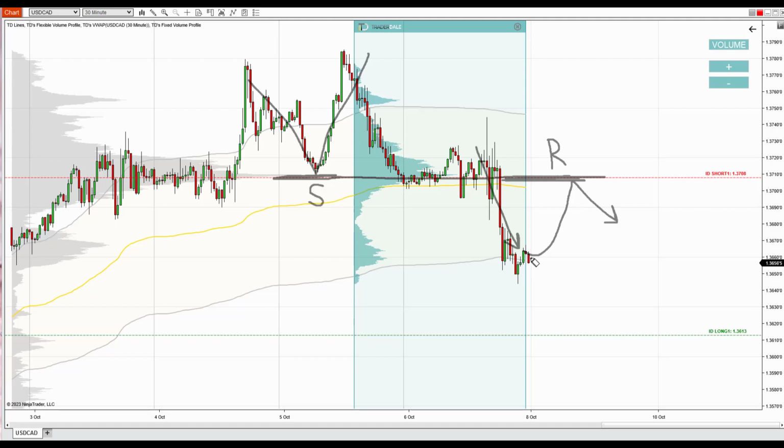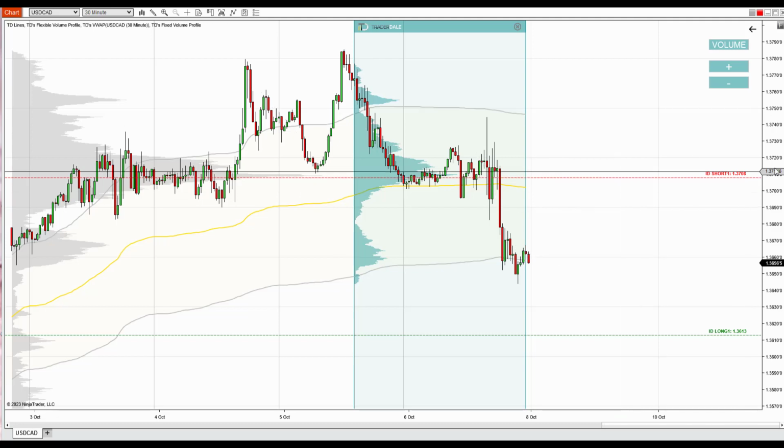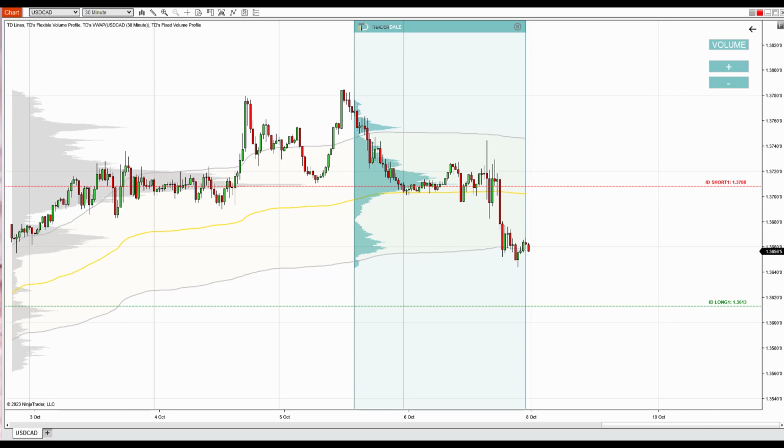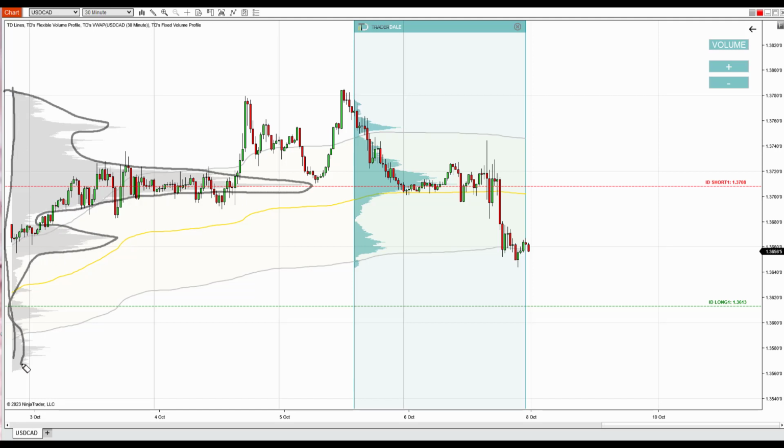Now, one more thing that adds strength to this level is if you look at the weekly volume profile here, it shows the volumes throughout the whole week. Then this is weekly point of control right here, which means that the heaviest volumes throughout the whole week were traded there, right?